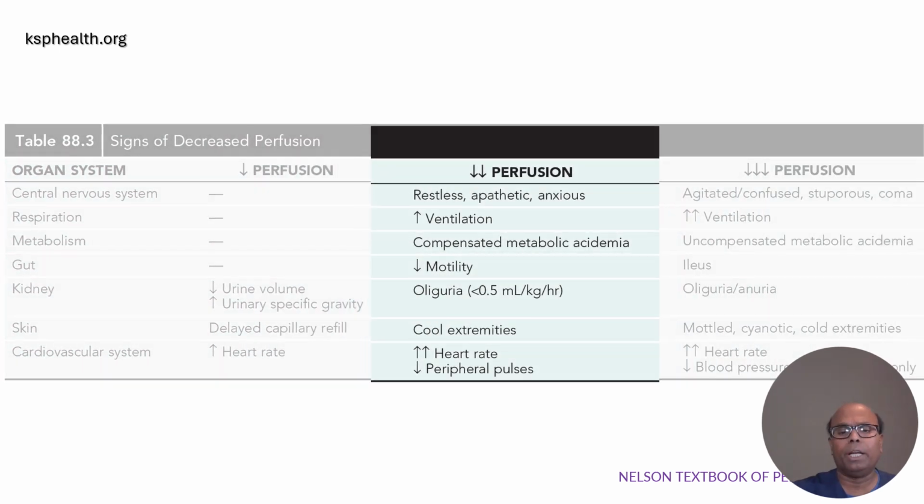When it becomes moderate, the patient will become restless, apathetic or anxious, lethargic, with increased ventilation, compensated metabolic acidemia, decreased motility, oliguria, cool extremities, increased heart rate, and decreased peripheral pulses.